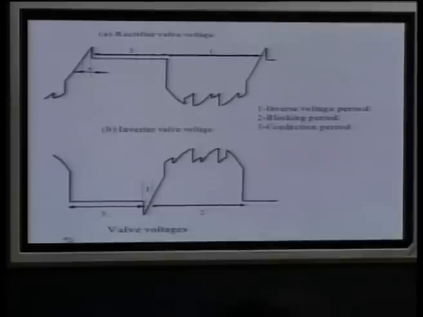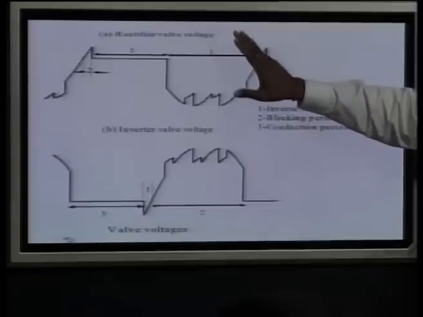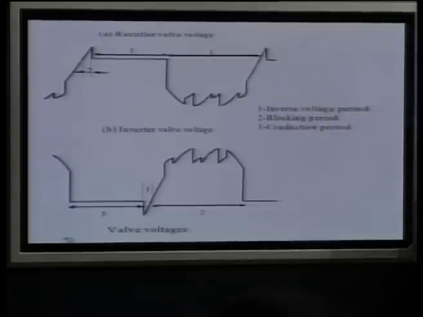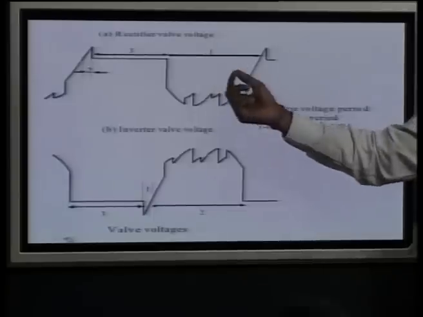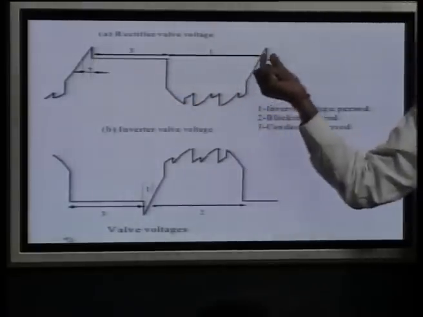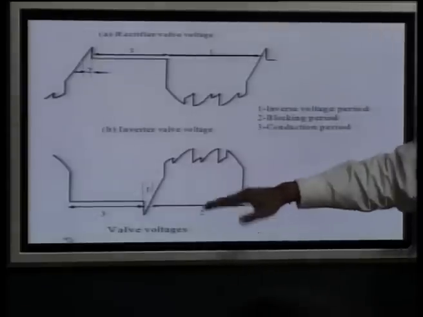Now, you can see the possibility of all these four can be recognized by looking at the valve voltages. This is the valve voltage across rectifier operation, because most of the time in rectifier operation the voltage across the valves is either 0 or highly negative, and only a very small portion is positive.